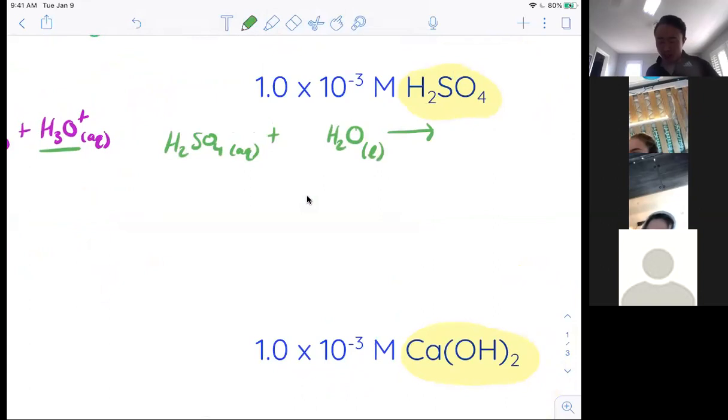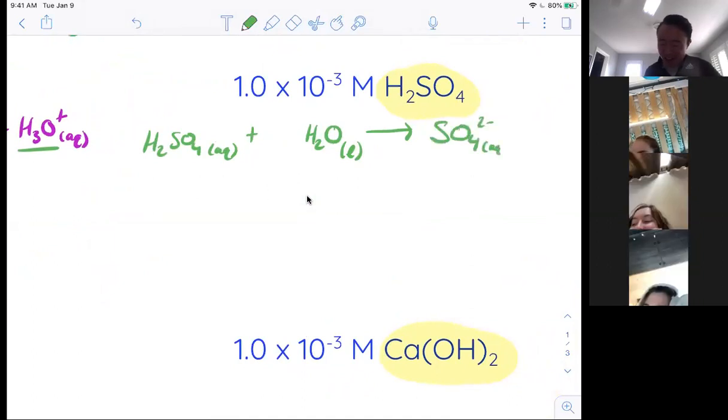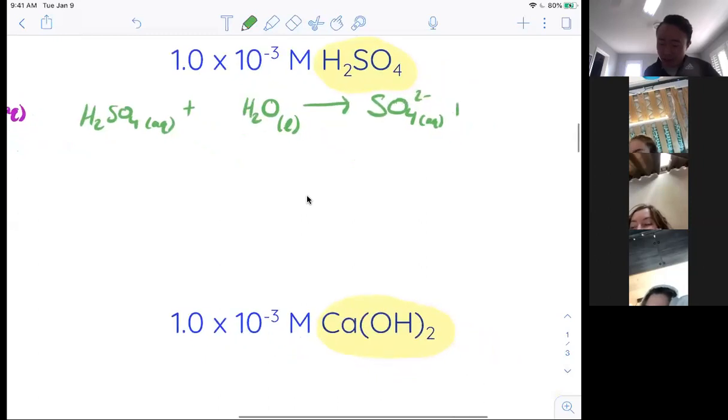And when that happens, the weird part is that H2SO4, because it's a strong acid, both the H's will be stripped off of that guy. And so at the end, we only have SO4 2 minus. It's kind of crazy. And then we get H3O plus ions as well. But I lost 2 H plus ions from H2SO4.